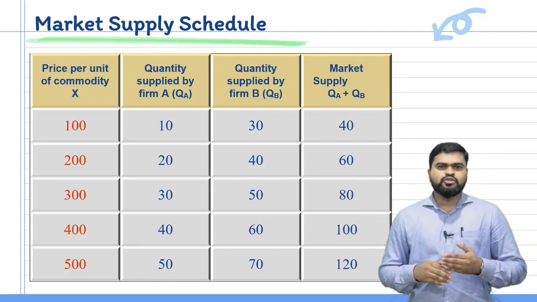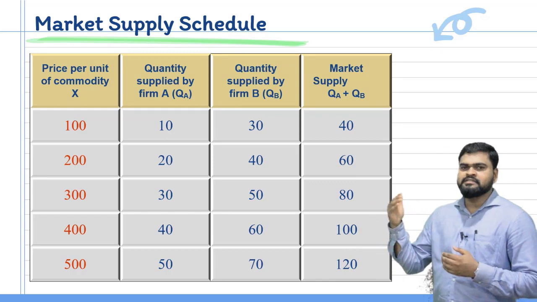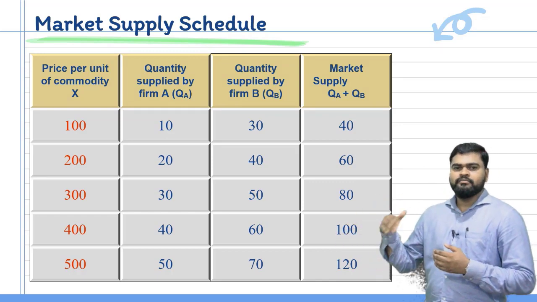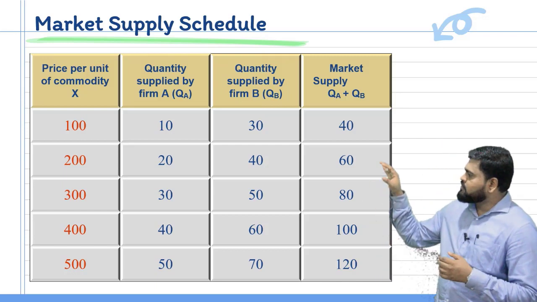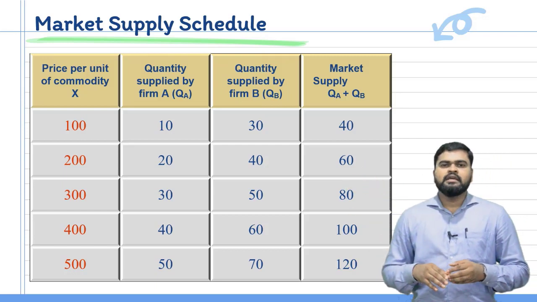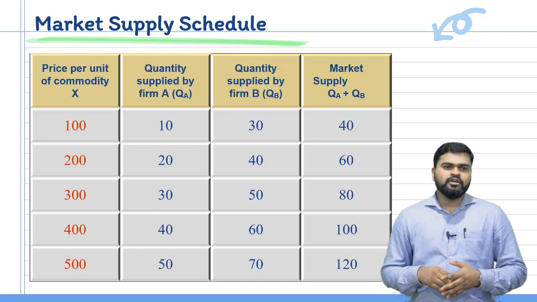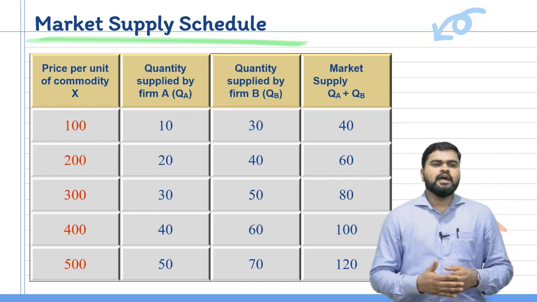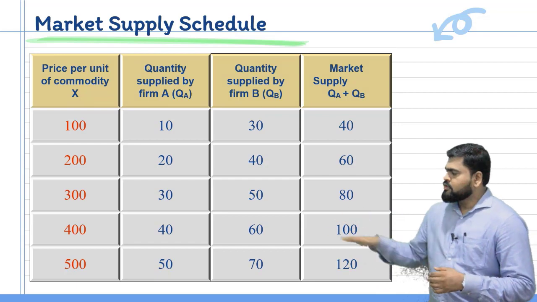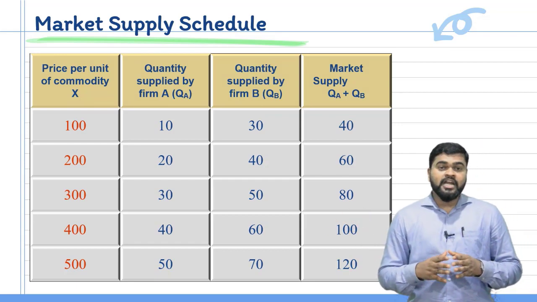When price increases to 200, quantity supply increases to 20 by firm A. When price increases to 300, quantity supply by firm A increases to 30. Then when price increases to 400, quantity supply increases to 40. When price increases to 500, quantity supply increases to 50. This is the quantity supplied by firm A.